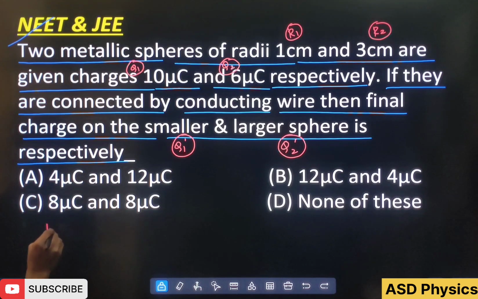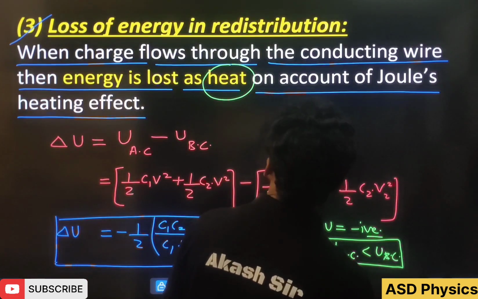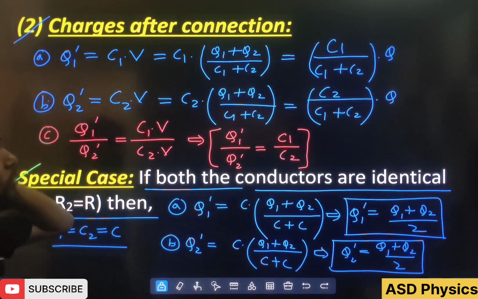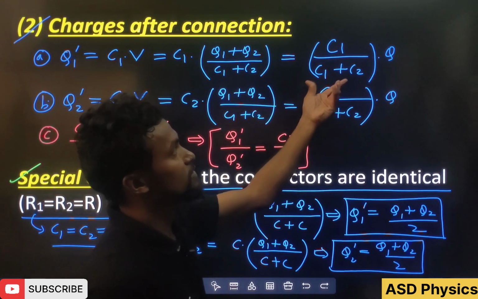After that, we know very well that Q1 dash is given by the formula C1 by C1 plus C2 into Q1 plus Q2.